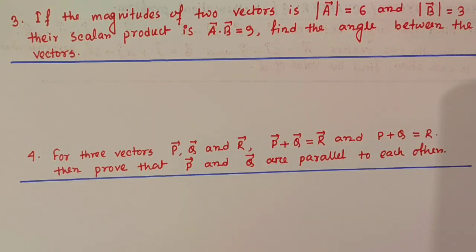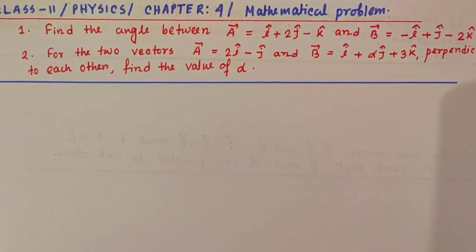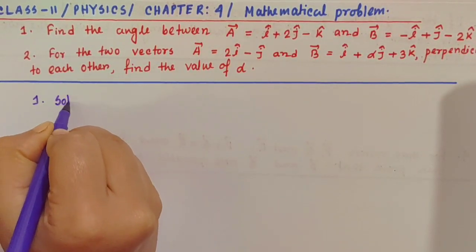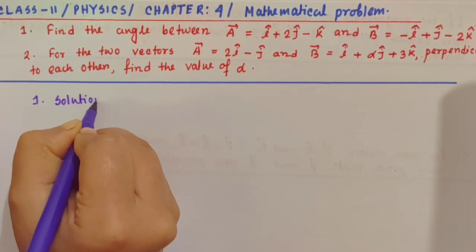So let's start. Number 1, find the angle between vector A and vector B. Here two vectors A and B are given. We have to find out the angle between them. Number 1, solution.